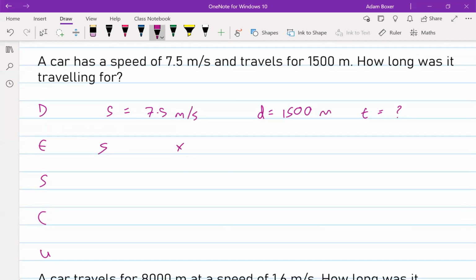S times T equals D. And again, a reminder, we draw the line underneath, we take it from this side, and we put it under. So for the calculate step, we have T equals 1500 divided by 7.5.